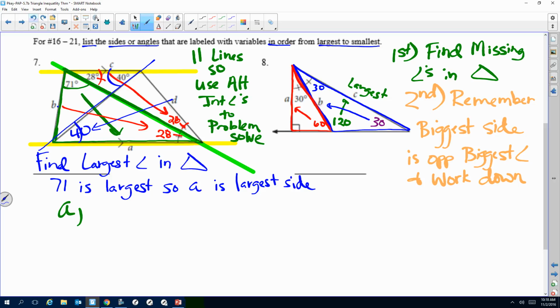Okay, so 71 is the biggest one. What's the next biggest one? Which is 40, so that's our D. Then what comes last? B and C, right? Because they're equal to each other. We okay on that part? The B and the C?